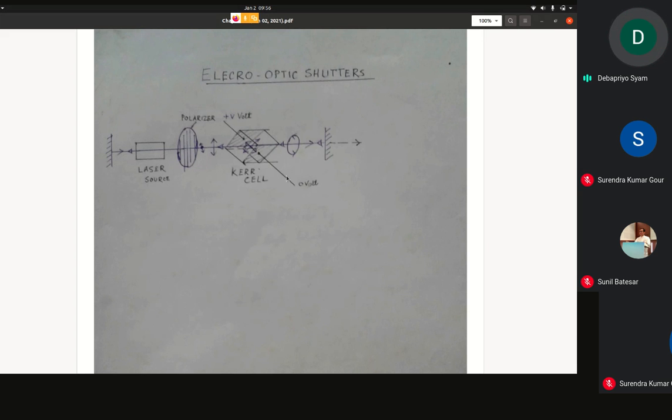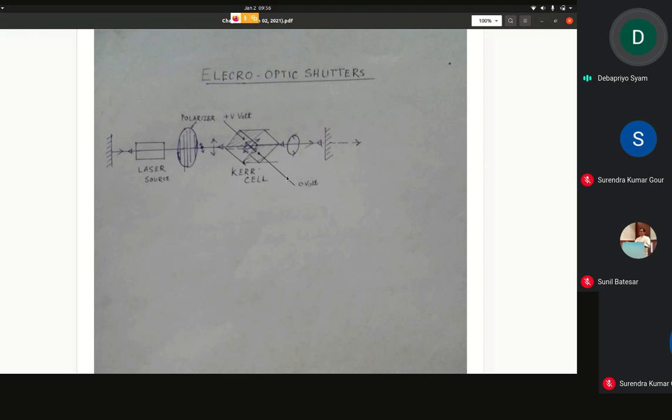Now within the nitrobenzene cell, there is again a phase shift of pi by 2. For example, if the Ey field gained a phase of pi by 2 with respect to the Ex field when going from left to right, then when going from right to left, the Ey field gains a further phase of pi by 2 with respect to the Ex field.